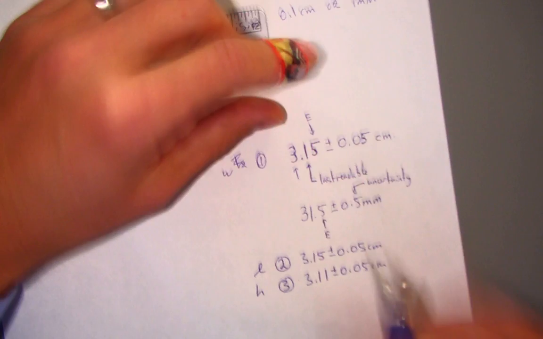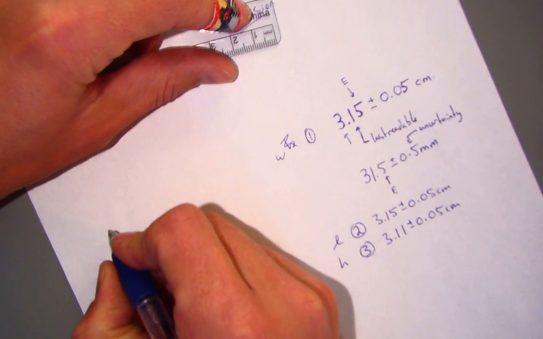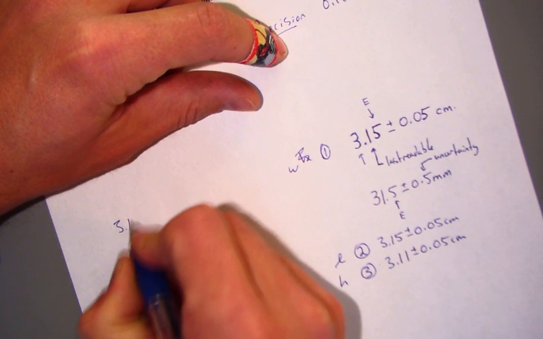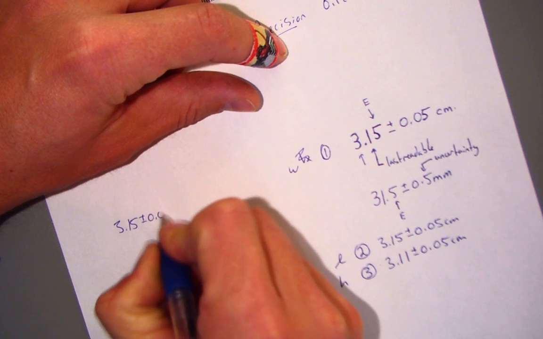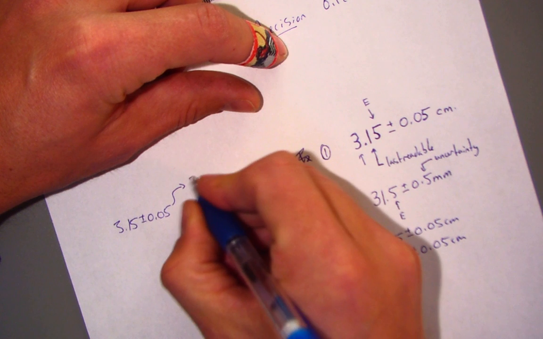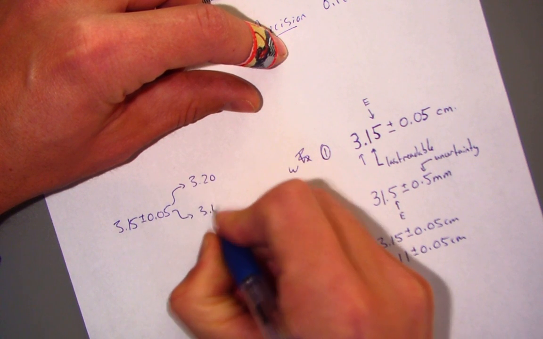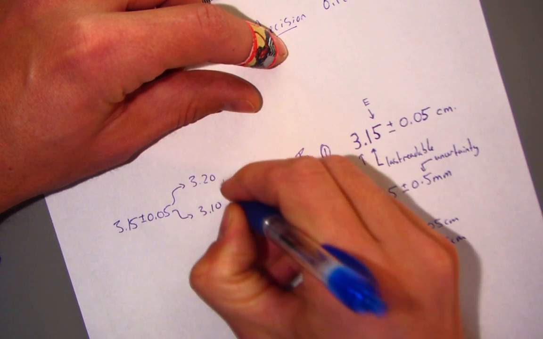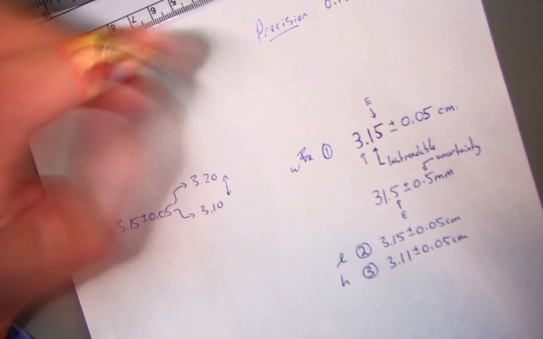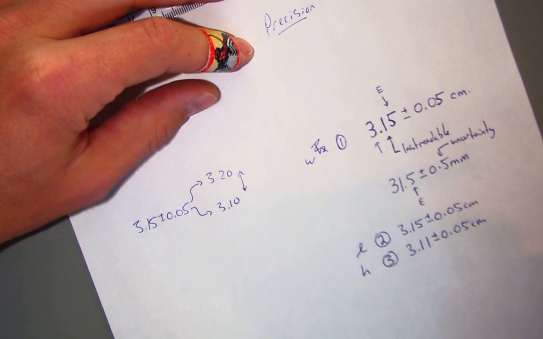If we look at, say, our first measurement here, 3.15 plus or minus 0.05, what that really means is this could be anywhere between 3.20 and 3.10. So there's a range of values within which our value falls. So we'll do that for each of them.